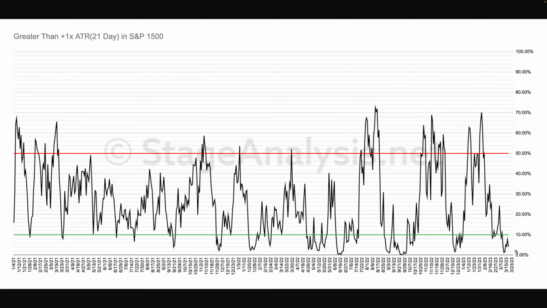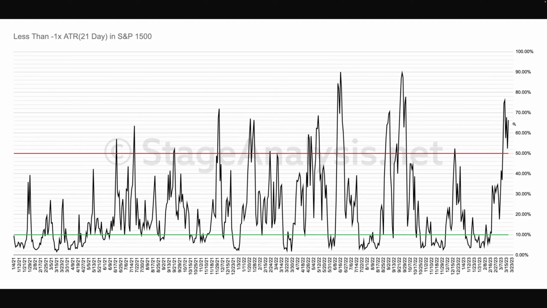At the moment, we've got around 5% of stocks above their plus 1 ATR level, which means they're in a short-term uptrend. And we've got over 66% below their minus 1 ATR level, which means they're in a short-term downtrend.